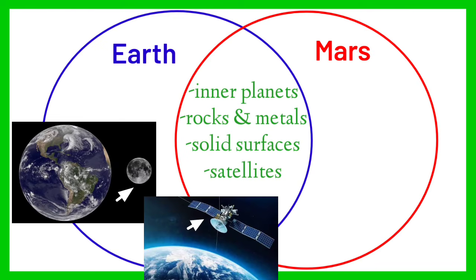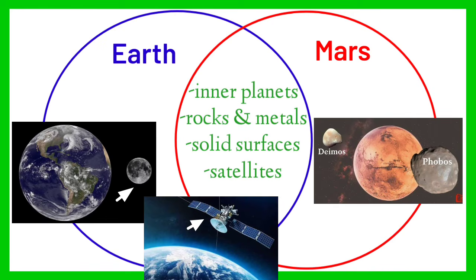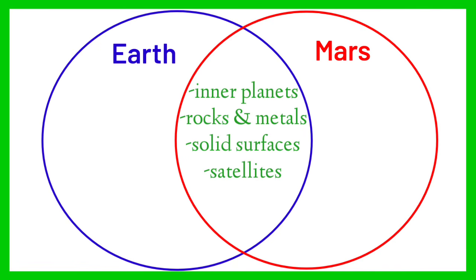Earth has a moon and man-made satellites, while Mars has two small satellites or moons, Phobos and Deimos. What else? Both Earth and Mars have landforms like mountains, plains, and even sand dunes. Interesting, isn't it? Now let us move on to their differences.